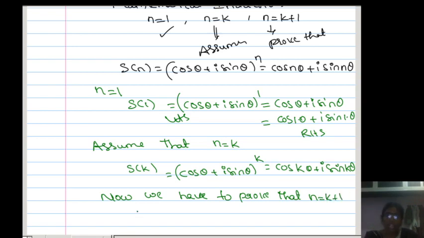Now we have to prove S of k plus 1 is true. What is S of k plus 1? Now we have to prove that the relation is true in the case of n equal to k plus 1. What is LHS here?